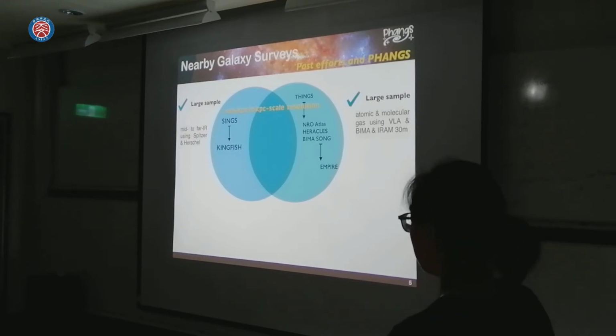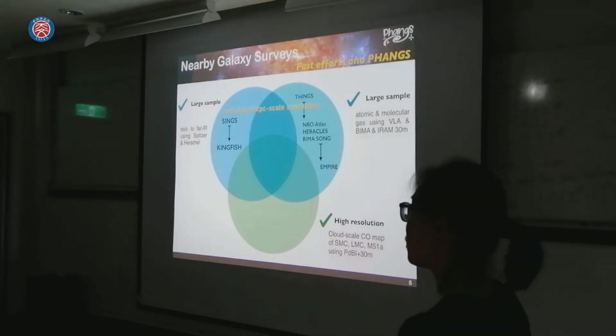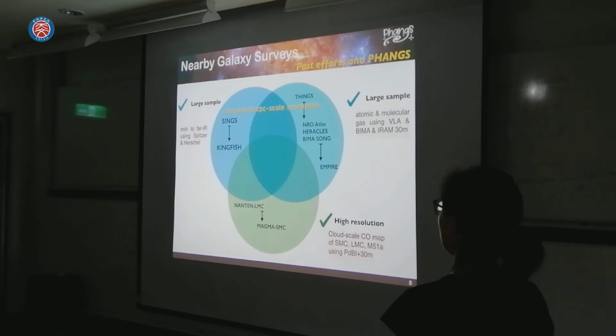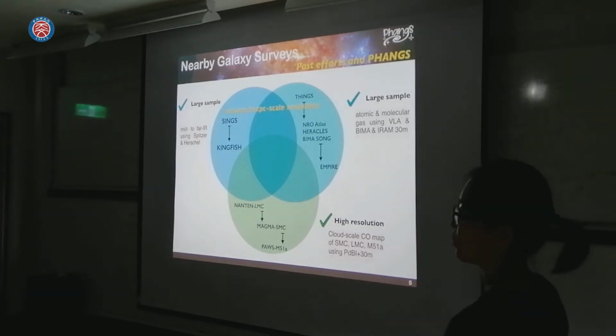And before ALMA, cloud scale molecular gas observations were restricted to single case studies, starting from very nearby galaxies like the LMC and SMC, and finally to somewhat more distant galaxies like M51, because it's very bright, so it's really easy to observe.